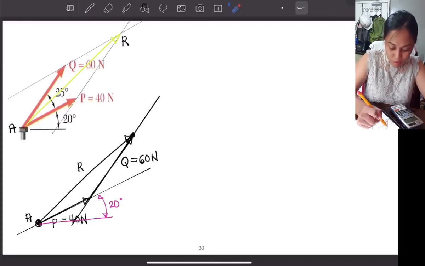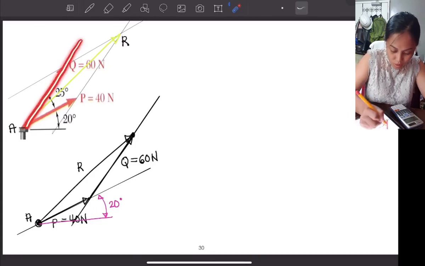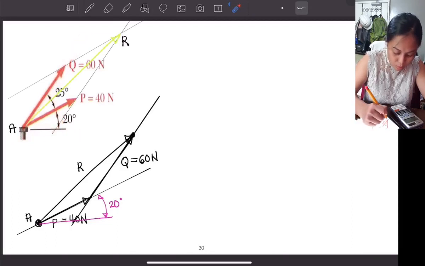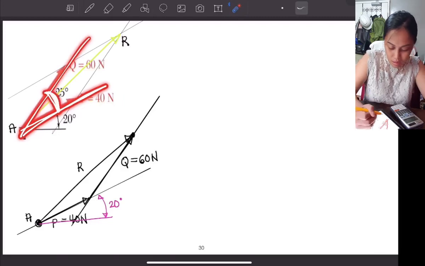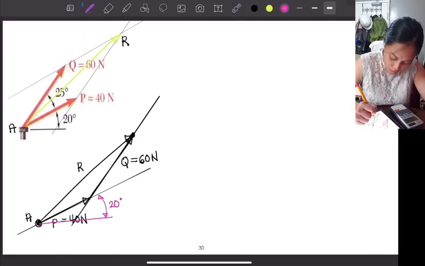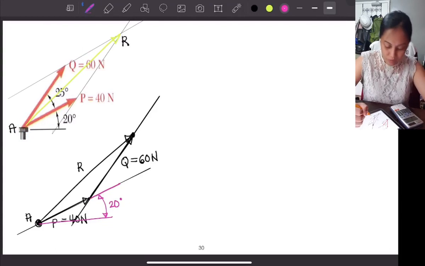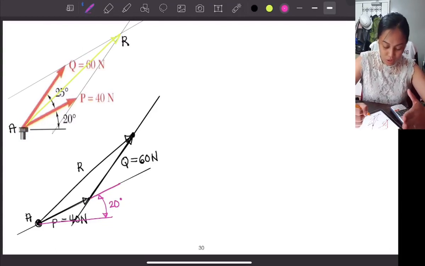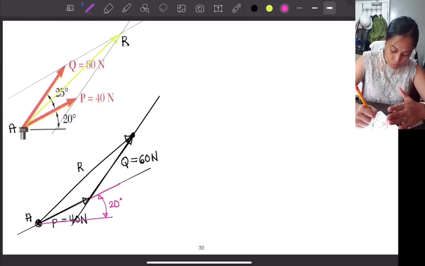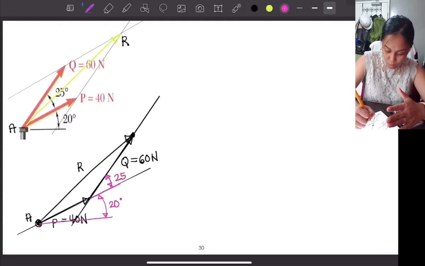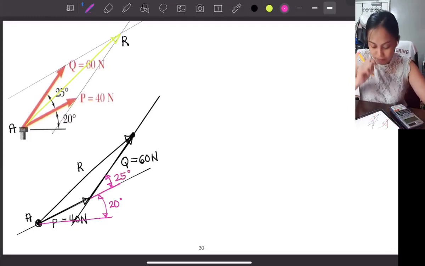As we can see from the figure, Q is 45 degrees from the x-axis. But if we base it on P, its angle from P is 25 degrees. From the line of action of P to Q, this angle is 25 degrees.